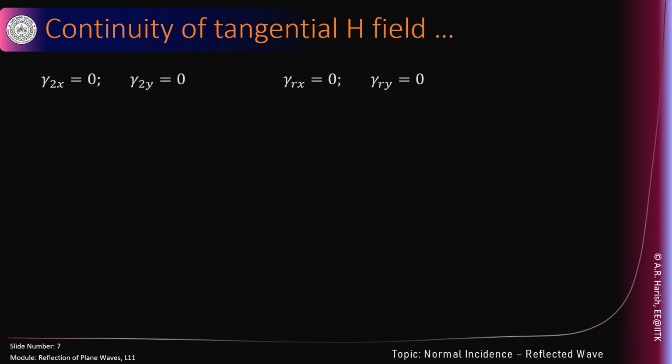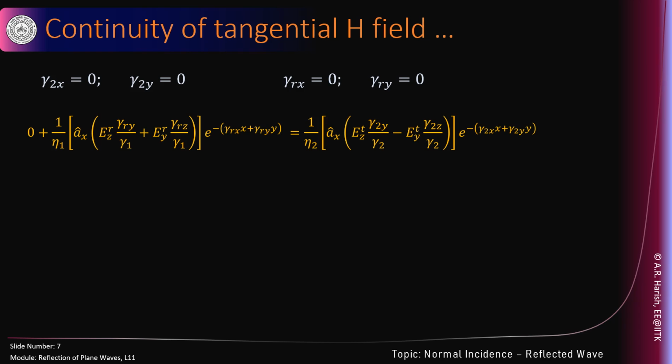Okay. Now we enforce the condition gamma 2x equal to 0, gamma 2y equal to 0, gamma rx equal to 0, gamma ry equal to 0 in the first equation, which represents continuity of X component of magnetic field. Since they're all 0, that exponential becomes e to the power of 0, which is 1.